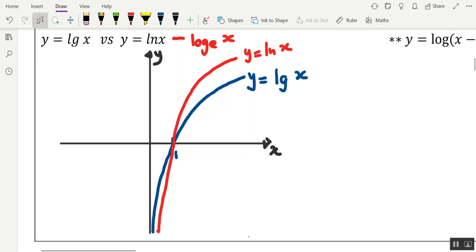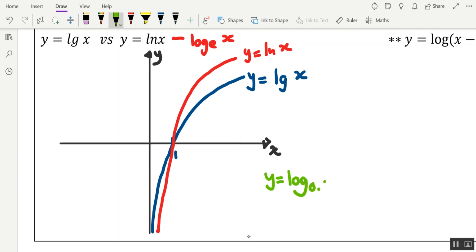But if you need to draw two logarithm graphs together in one diagram, remember the smaller the base, the higher it will go. Now if you have to draw one more graph, y equals log base 0.6 of x. If your base is smaller than 1, then it is a reflection on the x-axis.